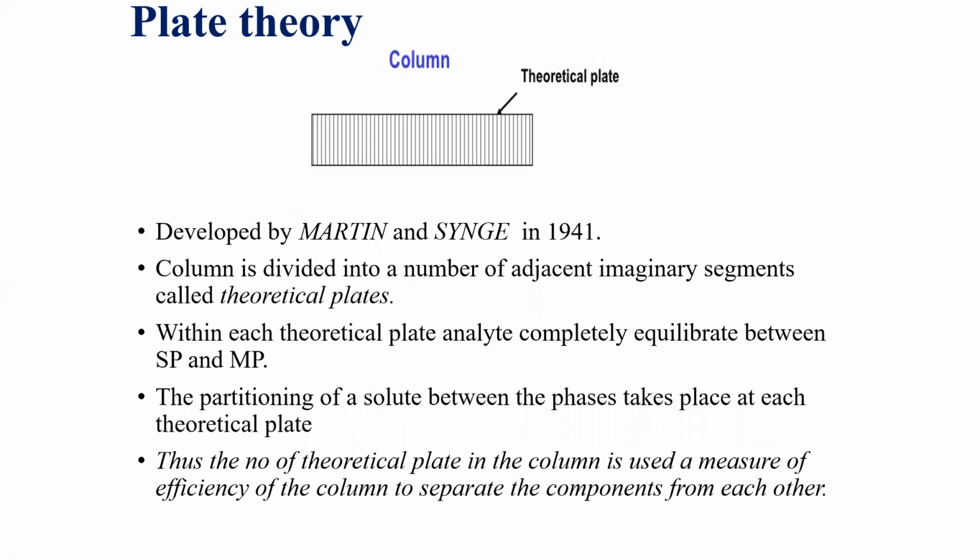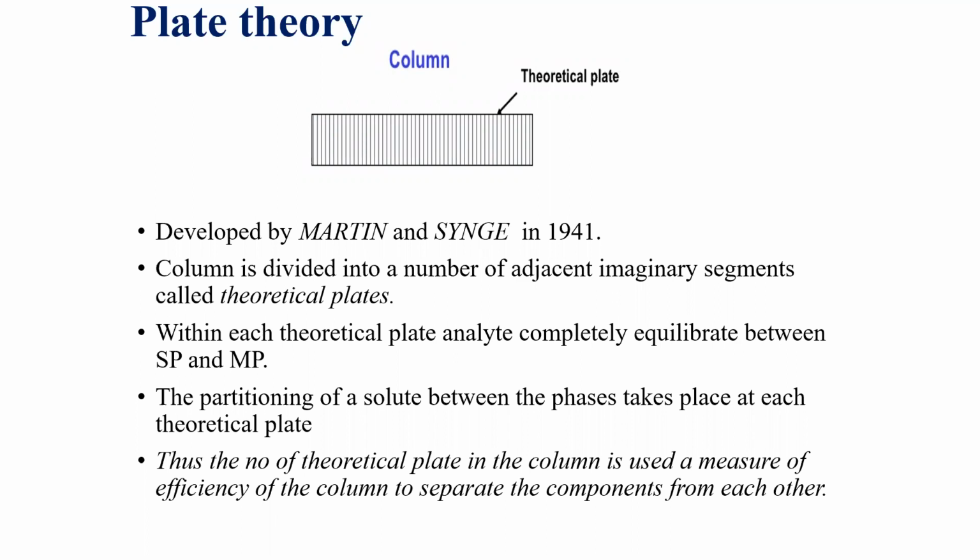Next, we are moving to theories of chromatography. There are two theories, plate theory and rate theory. Here we are going to discuss plate theory. Plate theory was developed by the scientists Martin and Synge in the year 1941, and here the column is divided into a number of adjacent imaginary segments called theoretical plates.